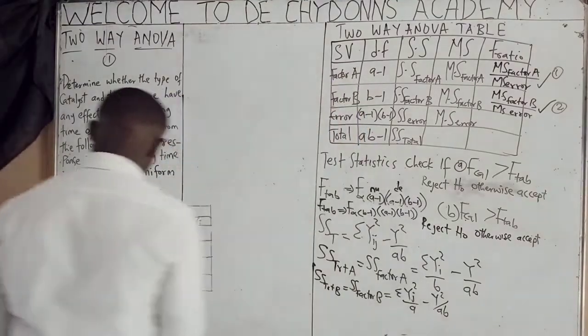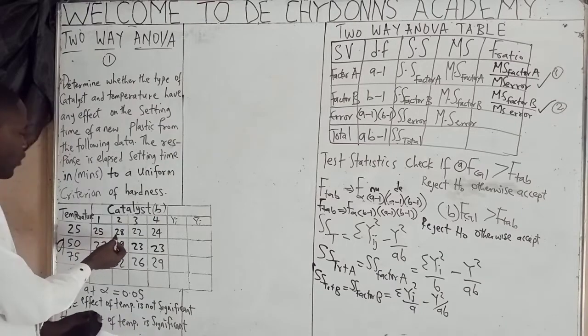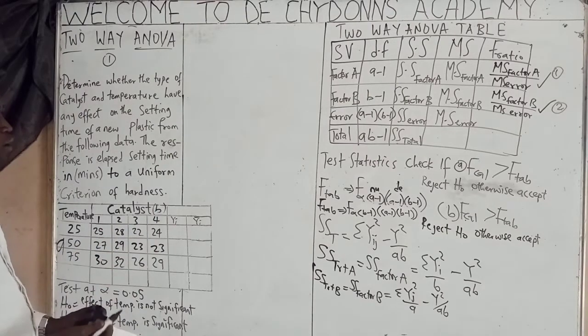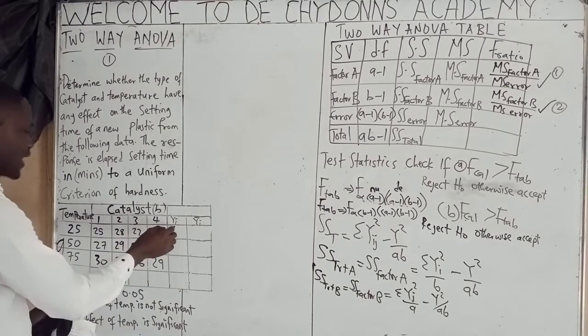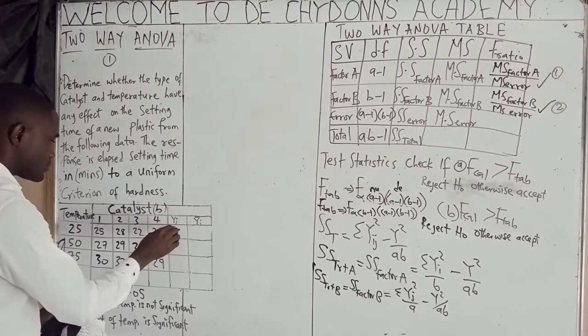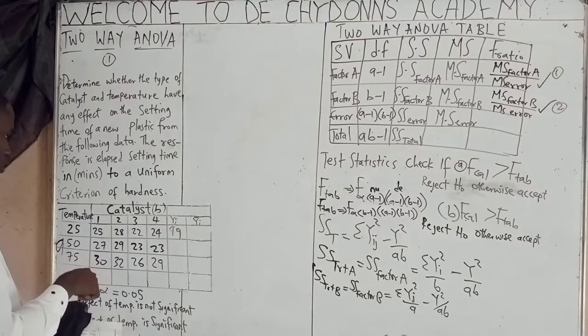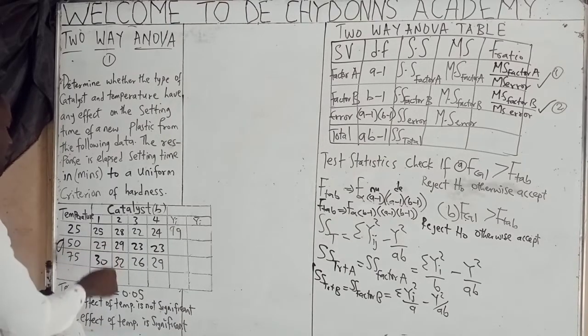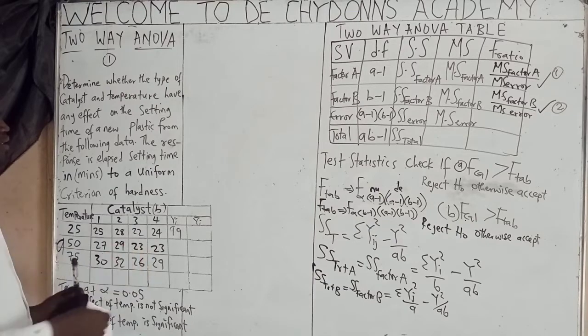If you add 25 plus 28 plus 22 plus 24, you'll be getting 99. Then 27 plus 29 plus 23 plus 23.